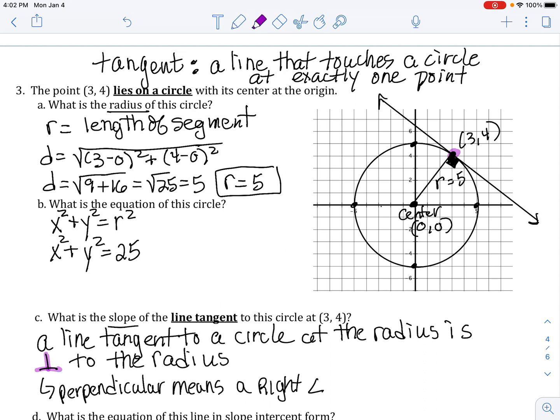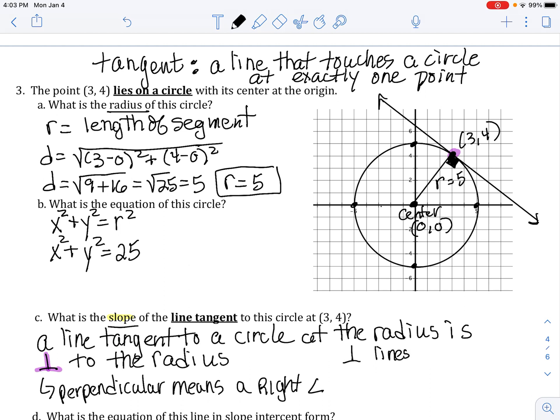All right, we still have not addressed the fact that this asked for a slope. What is the slope of that line, right? Now, I might be able to count off the slope on the grid, right? But I don't know that I would be assured I was 100% accurate. And so we have to revisit perpendicular lines, okay?